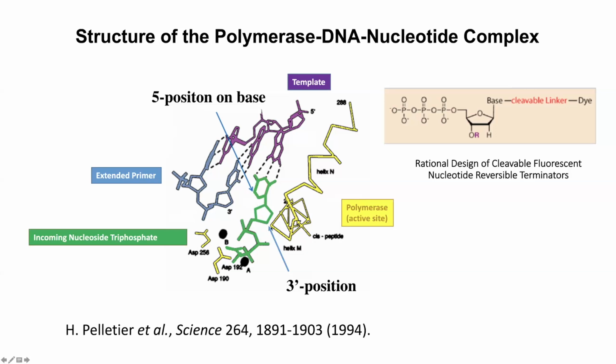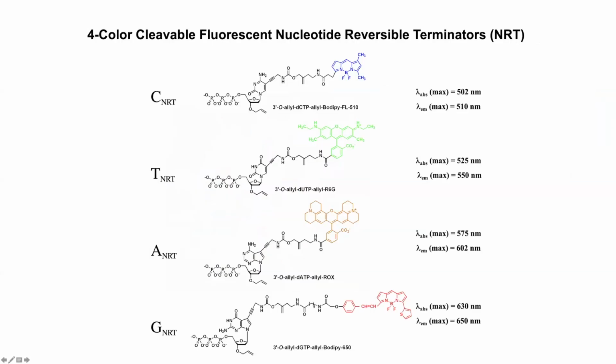Over here, there's not much room, so we need to use a small and inert reversible blocking group. And over here, there's a larger gap, so we can design a cleavable linker fluorescent dye. It turns out this molecular insight is critical for developing these molecules.